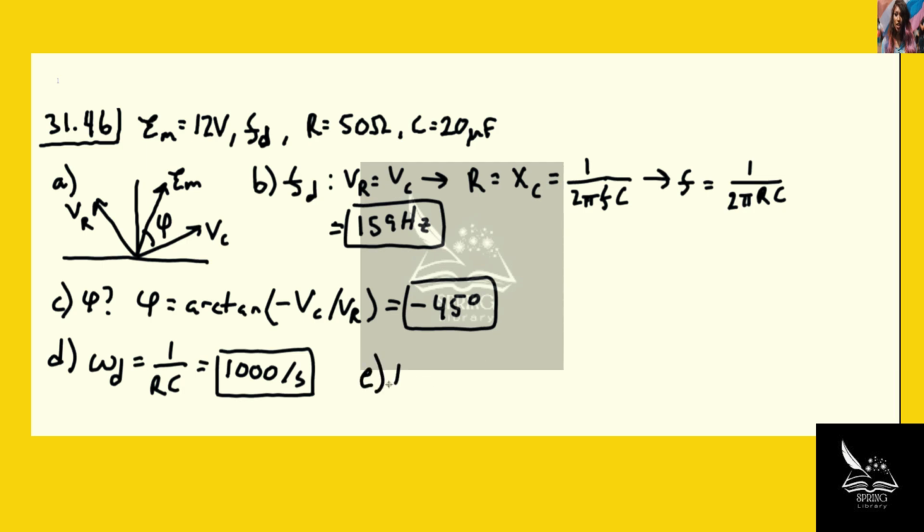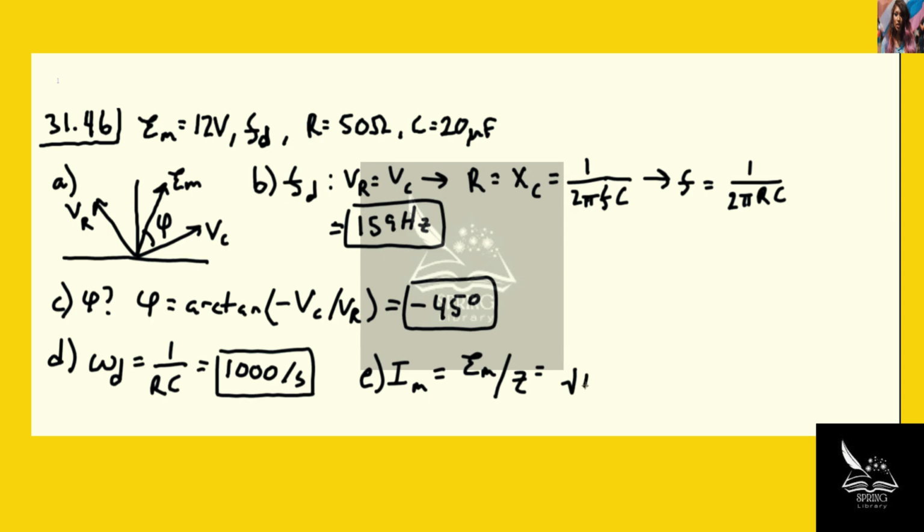And now we want the current amplitude. So this will be the driving voltage amplitude divided by the impedance.